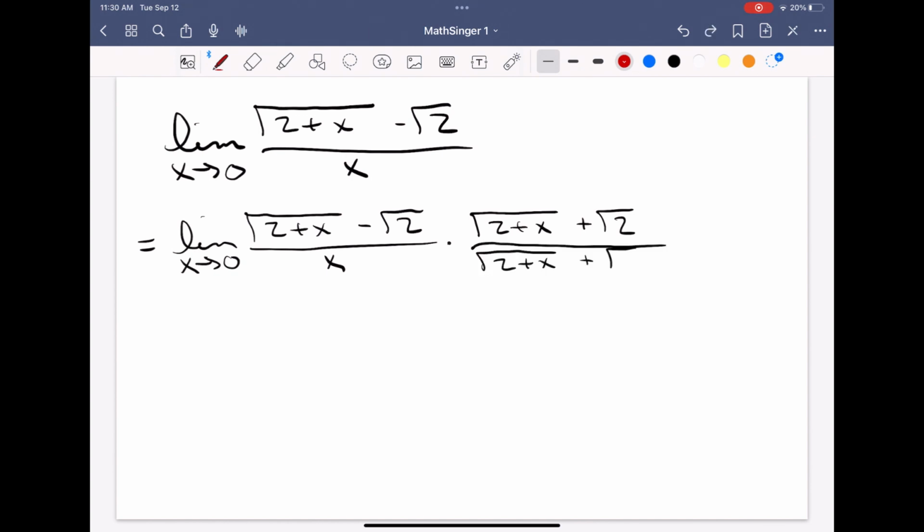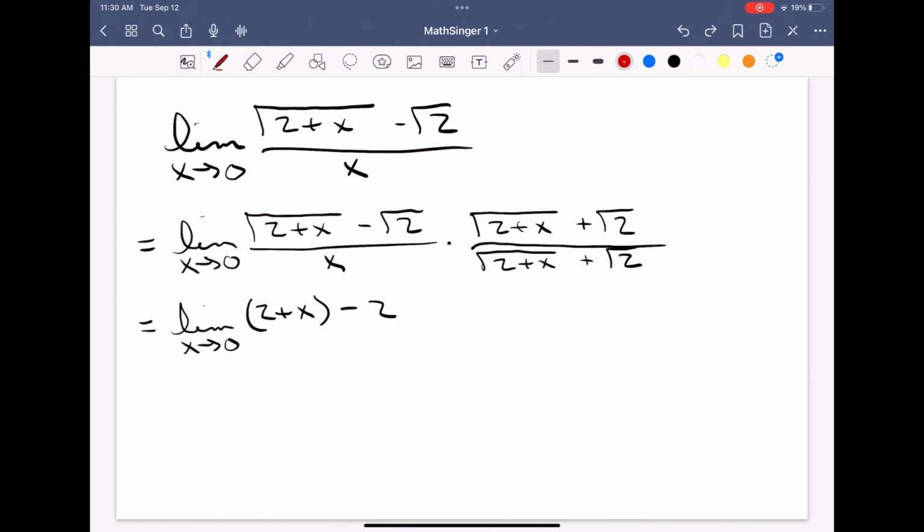Whenever we do this, in the numerator, we now have an expression of the form a minus b times a plus b, and so we can rewrite the numerator as a squared minus b squared. The a is the square root of 2 plus x. The square root of 2 plus x times itself is just 2 plus x, and the square root of 2 times the square root of 2 is just 2.